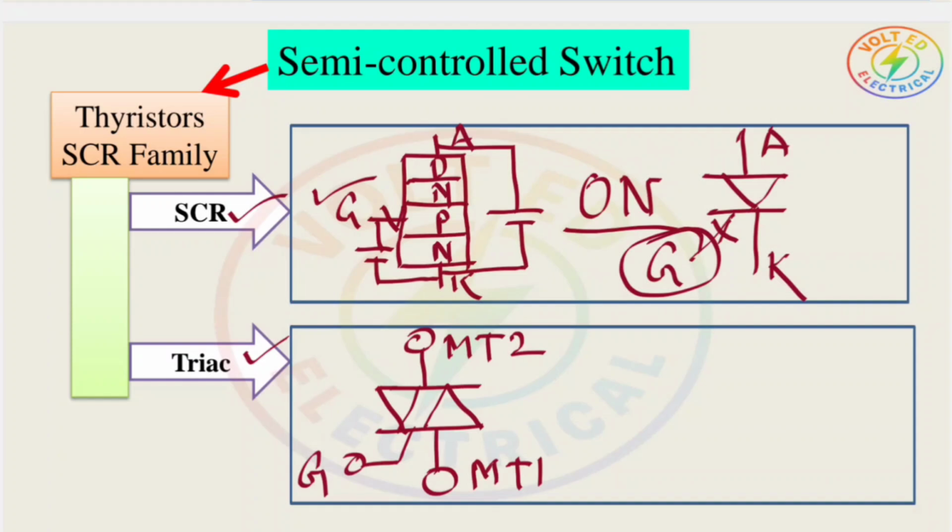Here also turn on is controlled, meaning it can be turned on by applying a gate pulse, but turn off is uncontrolled, meaning once conducting it cannot be turned off by gate control. So that's why this is also called a semi-controlled device, a semi-controlled switch. Okay, these two switches are semi-controlled switches.